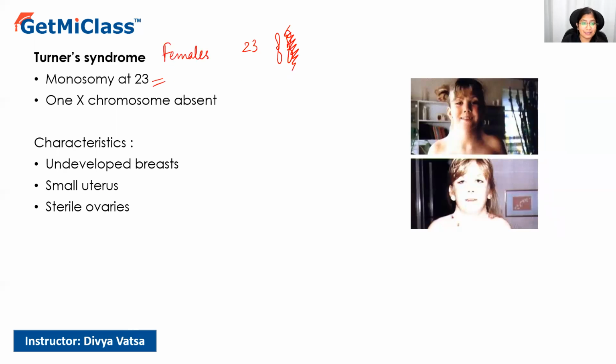So in females, if one chromosome is gone, that means there would be less feminine characteristics because only one X chromosome is present. So the breast will be undeveloped, the uterus will be small, the ovaries will be sterile. So basically, less feminine characteristics is what we'll see in Turner syndrome.